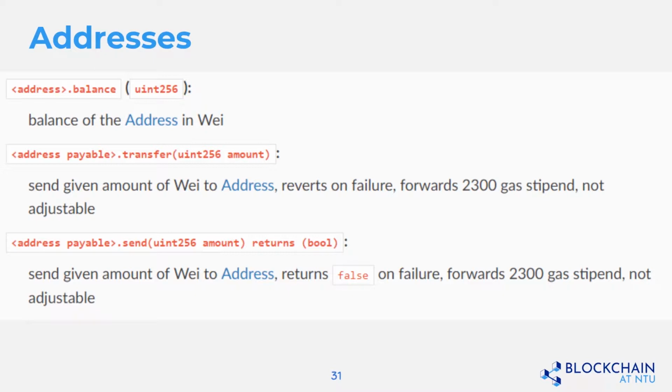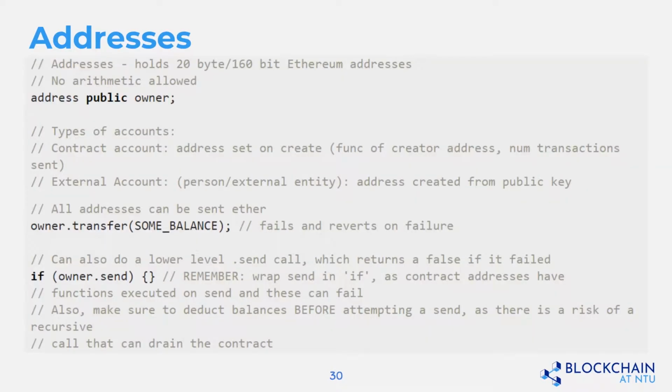Okay. Then below, on the third line, there's an address.send. So .send does almost the same thing as transfer. You send someone money, but for .send, if the send function fails, it returns you a false, but it doesn't revert the entire state. It doesn't throw an error as well. So that's why at the bottom you have if owner.send and then do something.